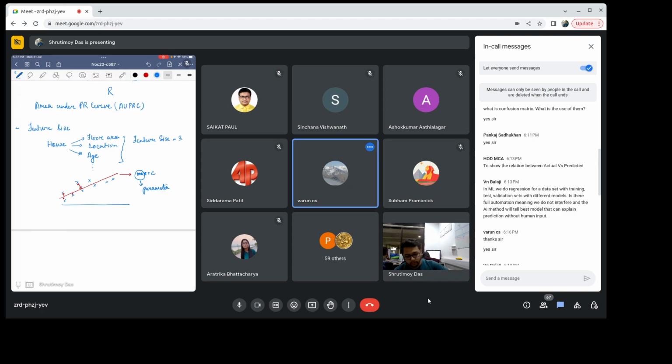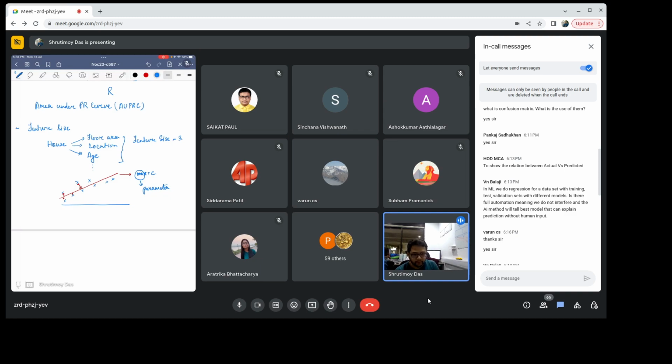So it depends on the type of examples you are using, right? Suppose some company is testing out new drugs. They would like to have fewer false positive cases, right?